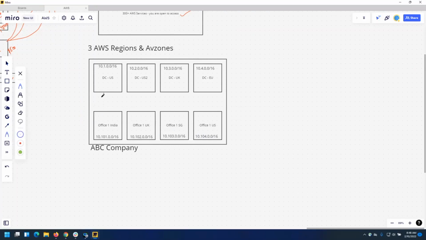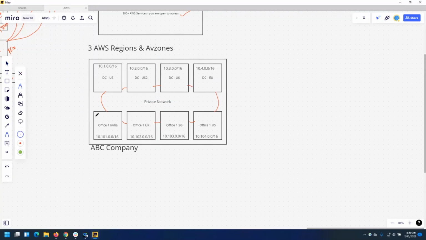Now, all these things are interconnected. In fact, they have one-on-one mapping with every other site. I'm just representing it as a single private entity. Everything is under a private network. Means what?